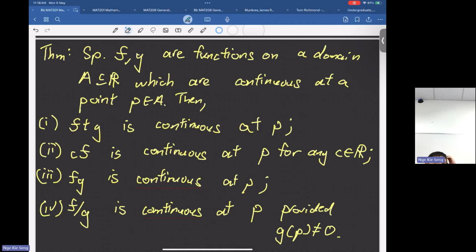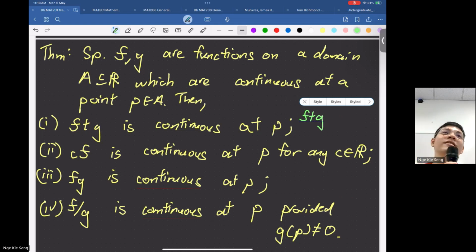So how do we define f plus g? If f is a function and g is a function, how is f plus g a function? If you want to define f plus g as a function, you need to tell me, if I input an x in my domain, what do I get from this function?